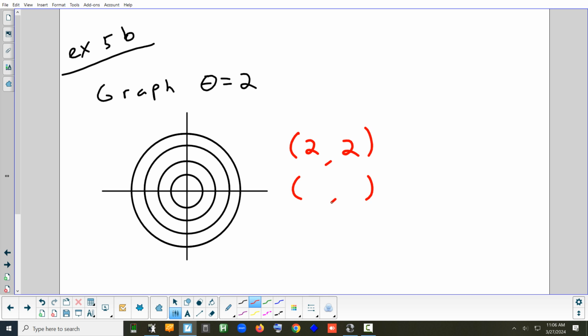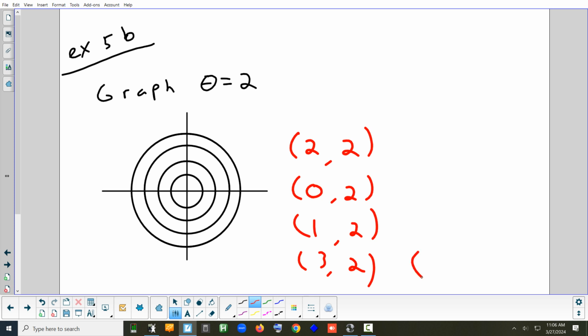So (2, 2). What else? (10, 2). Yep. I can't quite go that many circles out on this one. (0, 2). I could do (0, 2). Anything that has a 2 on the right side, so it could be (1, 2), (3, 2), (4, 2). Okay. What else? -2. Yes.